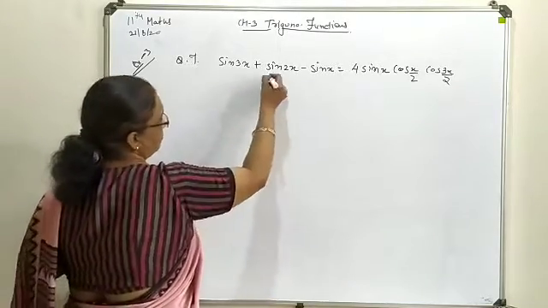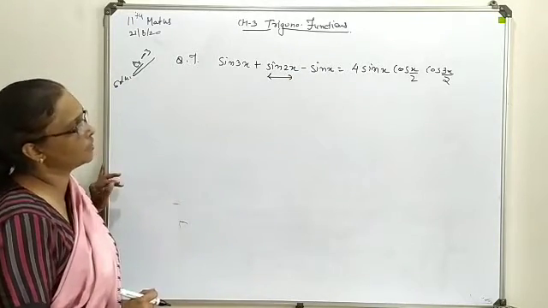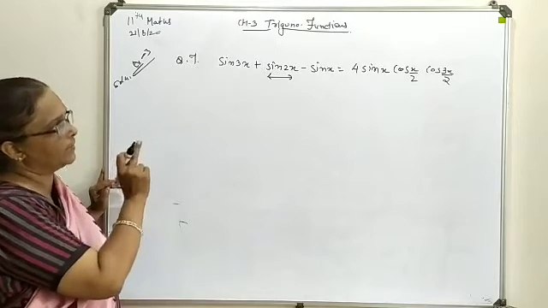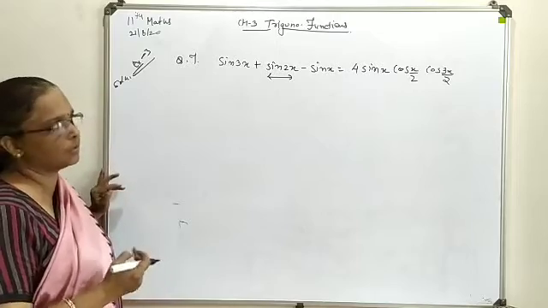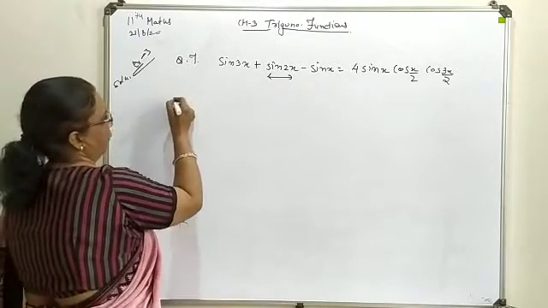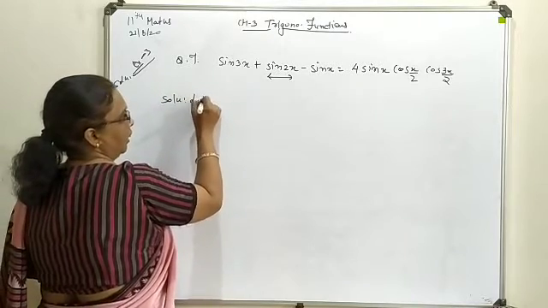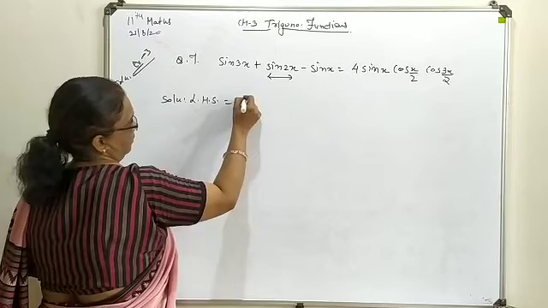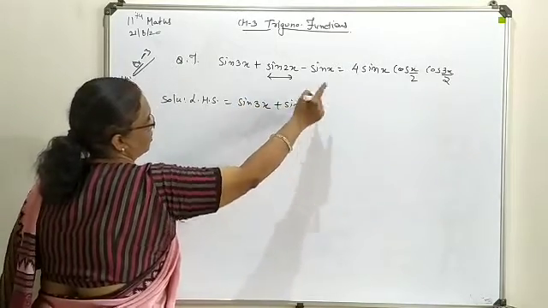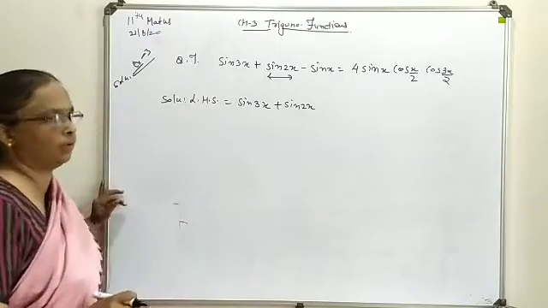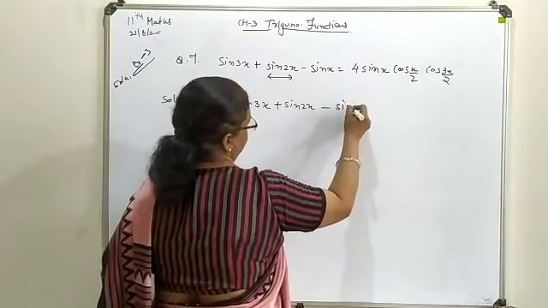Now here, to make your sin 2x term common, first we are going to combine sin 3x with your sin x. So somewhat common solution you may have. So first we start with the given left hand side, sin 3x plus sin 2x, because none of the angle here we are having as a sin 2x form, so that we are going to reduce.